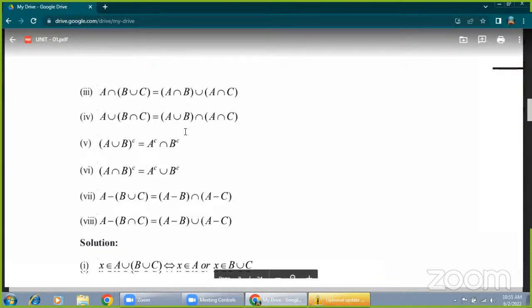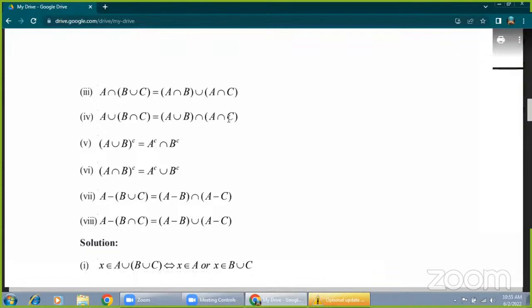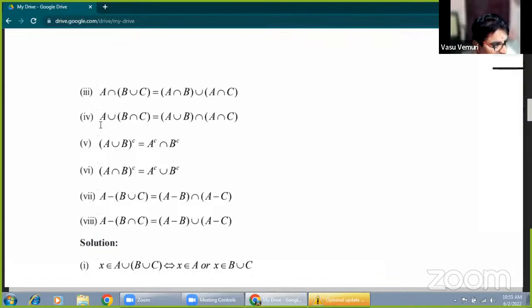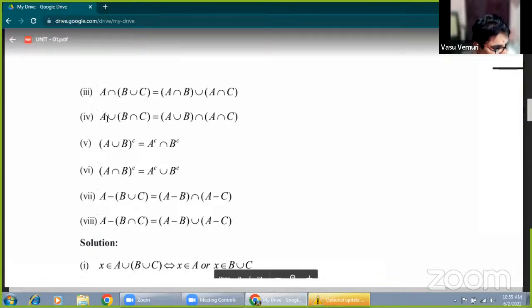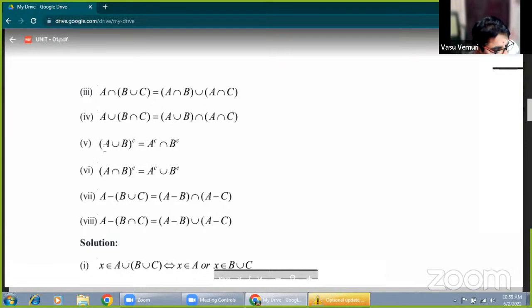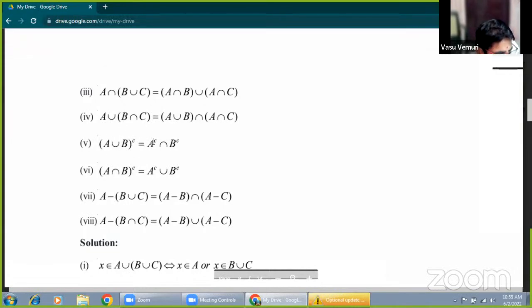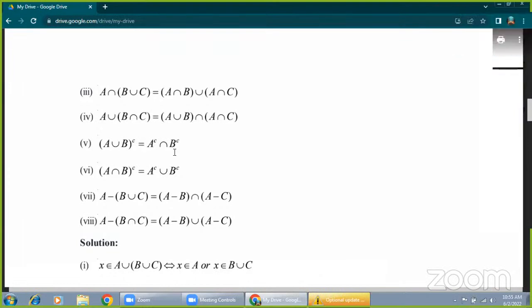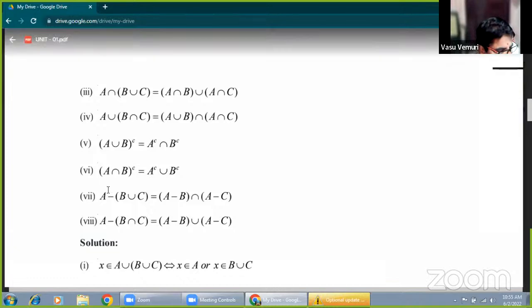Now you have to rectify this here. This is not intersection union; it is A union B intersection A union C. This is a printing mistake. The complement of A union B is A complement intersection B complement. Complement of union is intersection. In the same manner, the complement of A intersection B equals A complement union B complement.